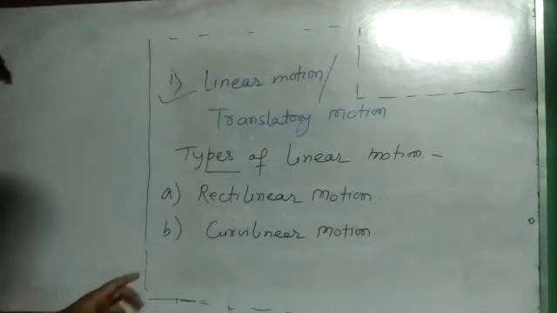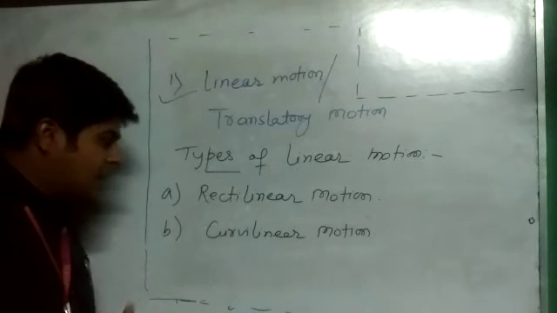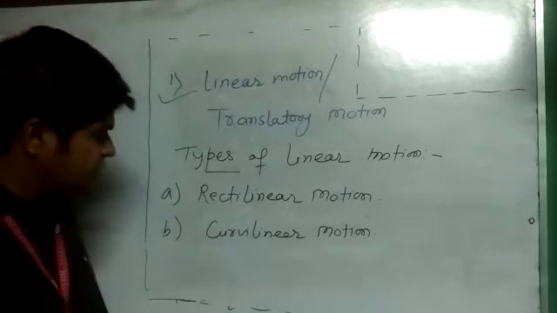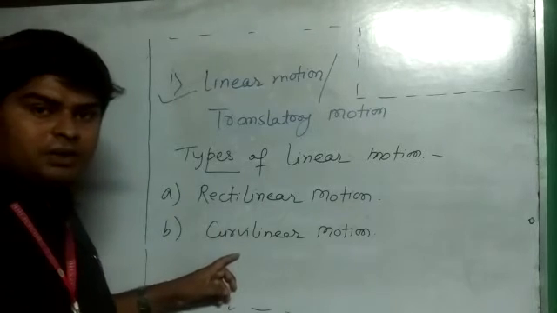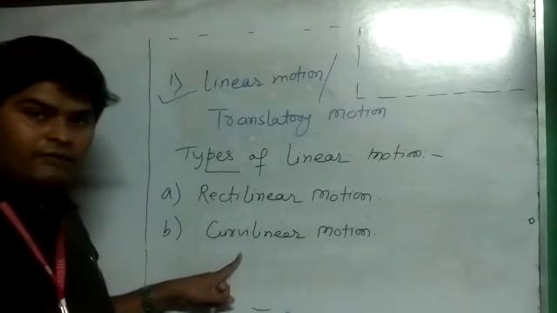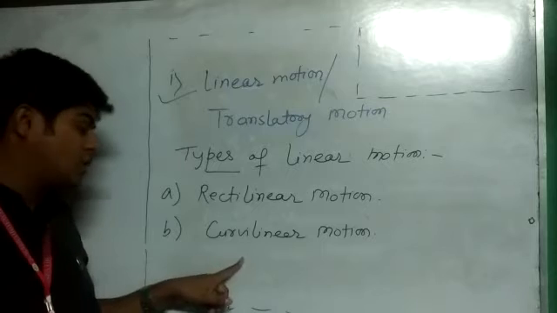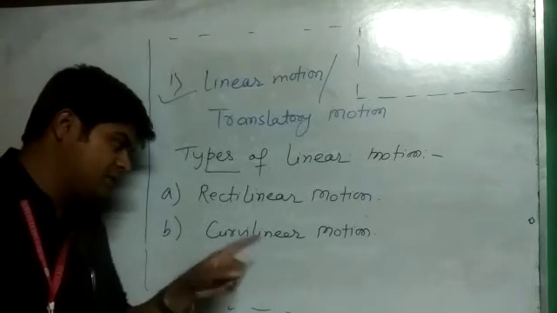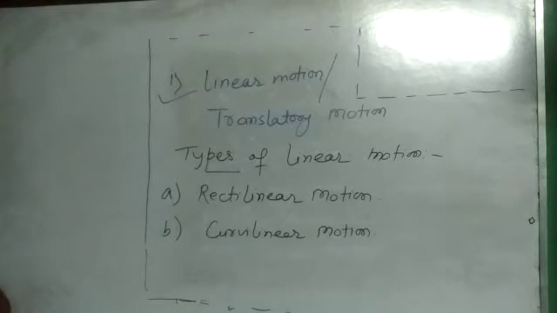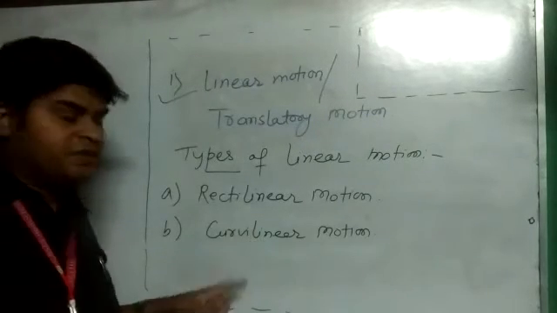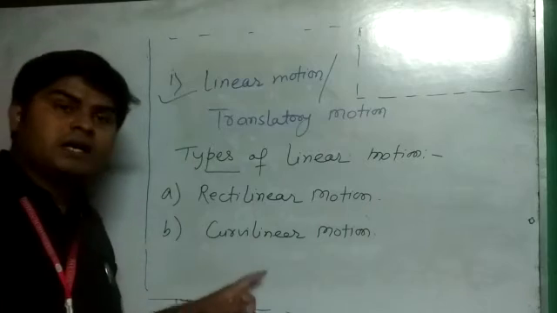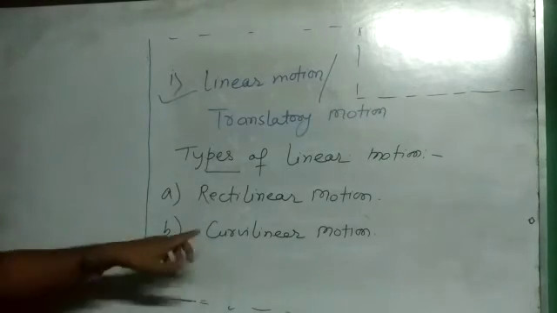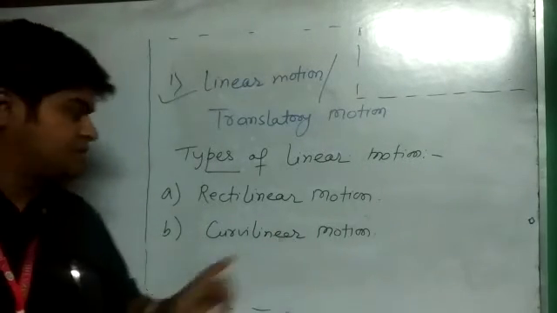Whereas when a car takes a U-turn about the roundabout of Anisabad, it is called curvilinear motion. So we define curvilinear motion as the motion in which an object moves in a curved line.